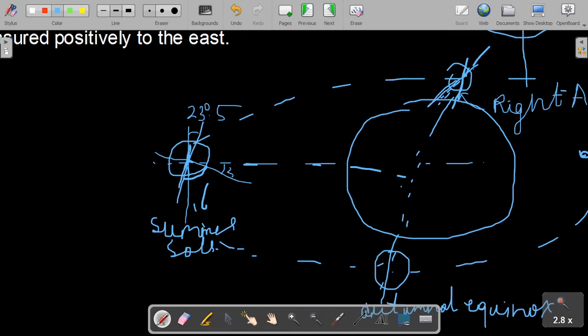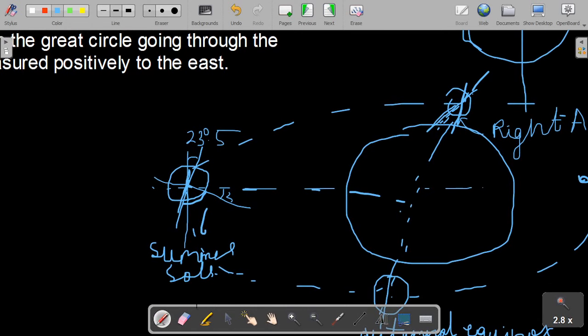It is known as the summer solstice. So the right ascension at this point is basically 6 hours, because it's measured from this line, and it is around 90 degrees.